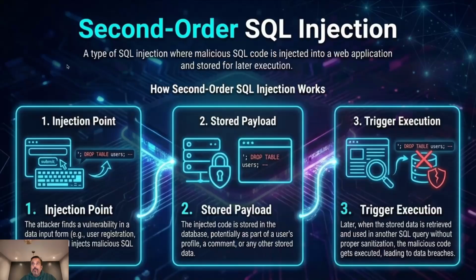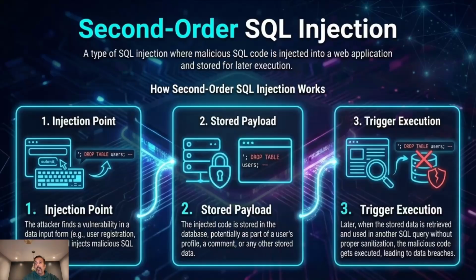Again, it is a type of SQL injection where malicious SQL code is injected into a web application and stored for later execution. Whereas in the normal SQL injection we looked at previously, it happens right there when you are inputting the value and fetching the information. In second order SQL injection, you put your code inside the database, but that code might be executed later in the user journey. That's the main difference.